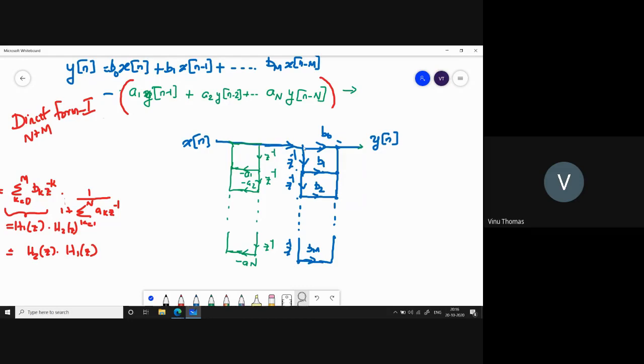You see that a z raised to minus 1 is branching out from here, and a z raised to minus 1 is branching out from here. And from here, you have a minus a1 multiplying this output, and from here you have a b1 multiplying this output. So you might as well use a single z raised to minus 1 instead of these two z raised to minus 1s. Likewise, instead of these two delay chains, I can use a single delay chain. So that is shown here.